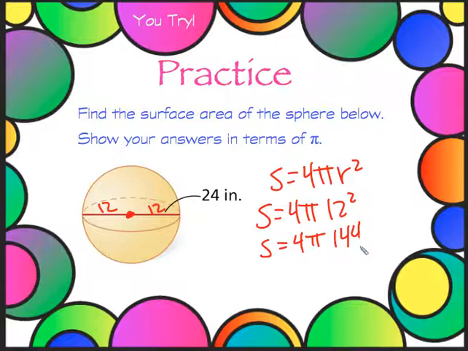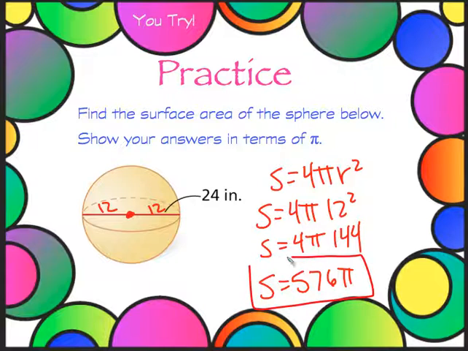So it's basically 144 times 4, which is 576. So we have 576 pi. Hope that's what you got. And if you didn't get that, it's probably just because you used 24 for the radius instead of the diameter.